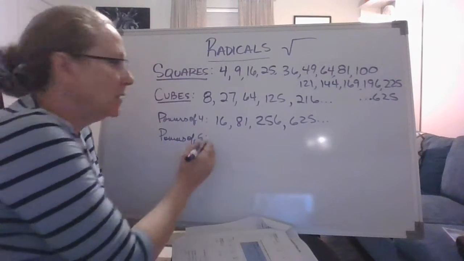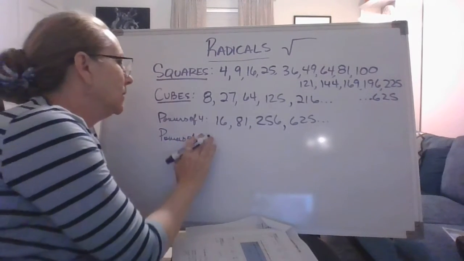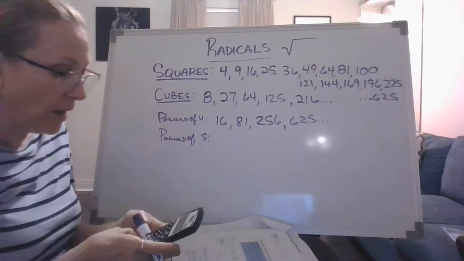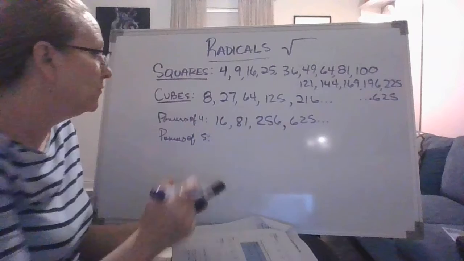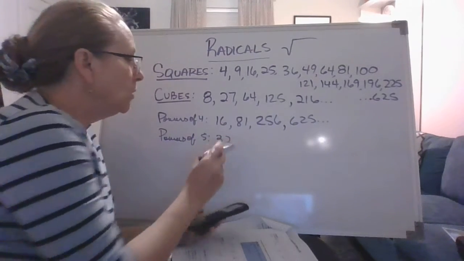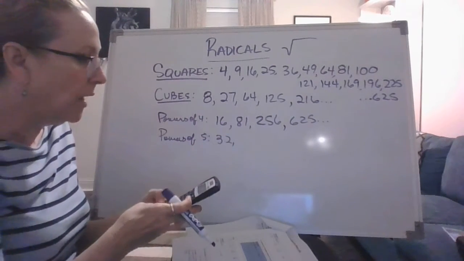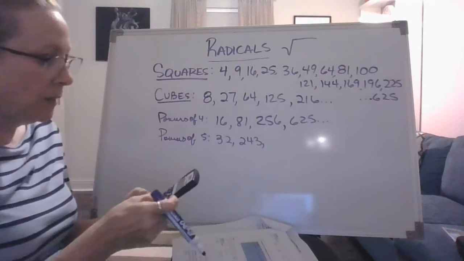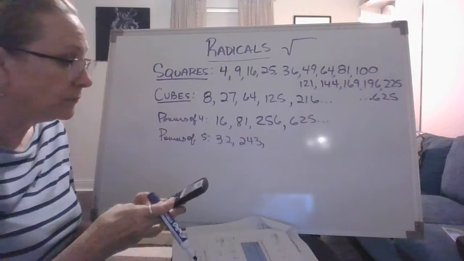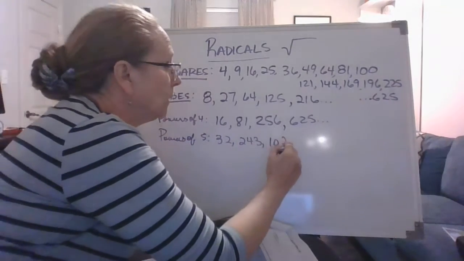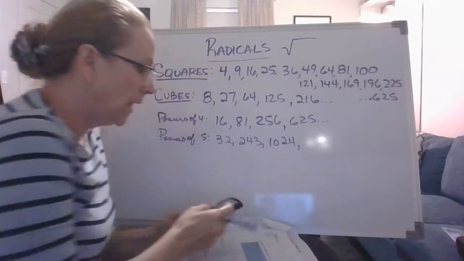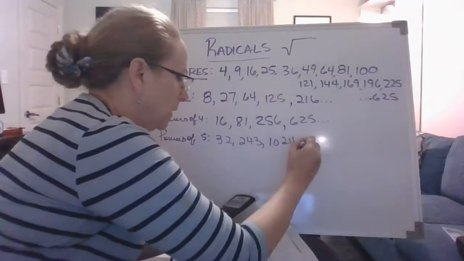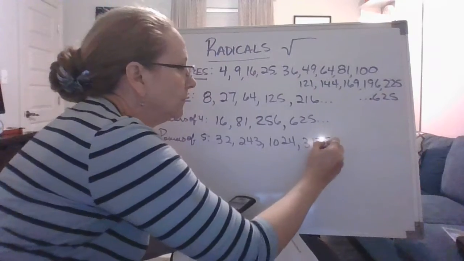Yes. Powers of 5. You're like, how many are we going to do? No, that's it. This is it. I promise. So 2 to the 5th power, and see, I always have to remind myself, 32. 3 to the 5th power, 243. 4 to the 5th power, 1024. And it's rare that you're going to see anything this far. 3,125.